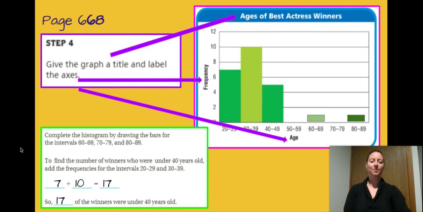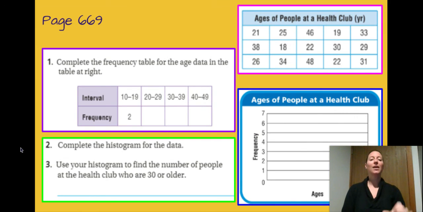Now on page 669, we're going to do that again with a new set of data. I'm going to make a histogram. First, we have to complete the frequency table for the ages. So again, it looks like our intervals are 9 years, 10 to 19.